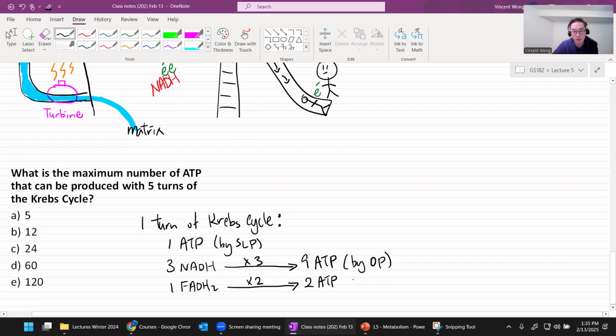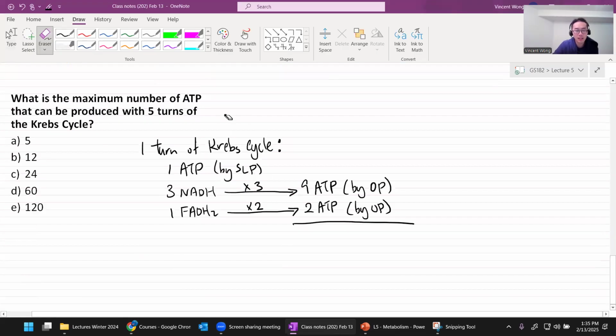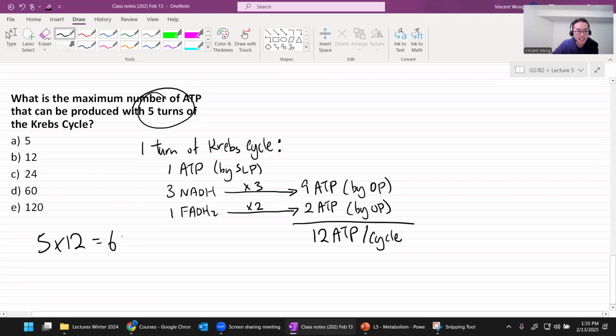We wrote it down on Tuesday. And this is by OP as well. So together, one turn of Krebs cycle produces 12 ATP: 1 plus 9 plus 2 is 12 per cycle. This is asking for 5 turns, so 5 times 12 is 60.